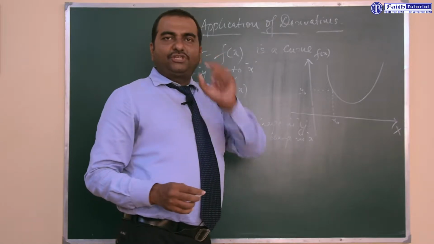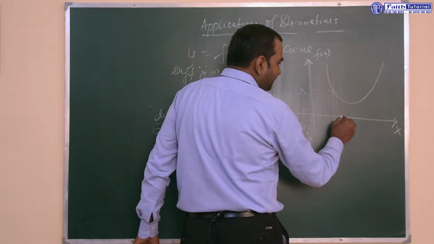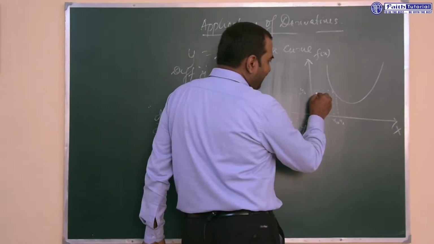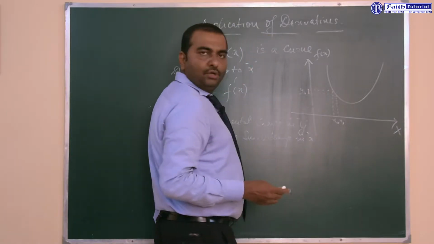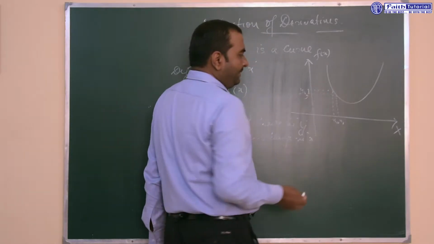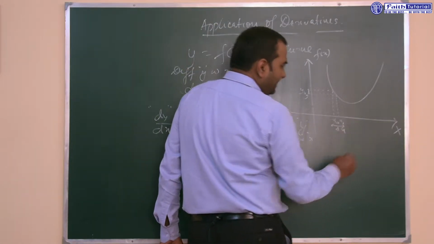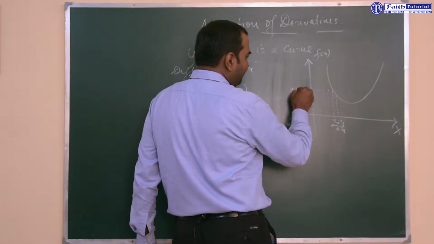if there is a very small change in the value of x, say here, it becomes x1, and we say that the value of y also decreases or changes to y1. Now this is suppose delta x and this is nothing but delta y.